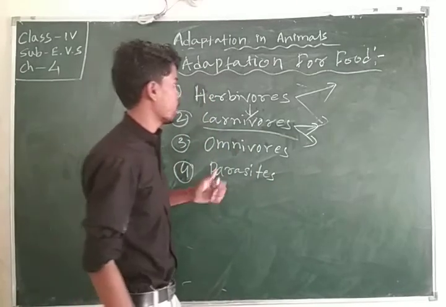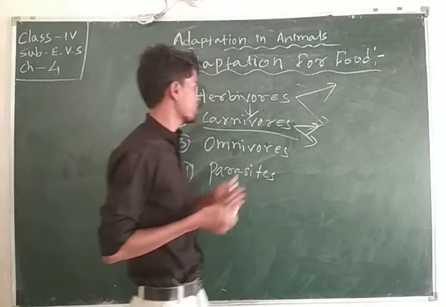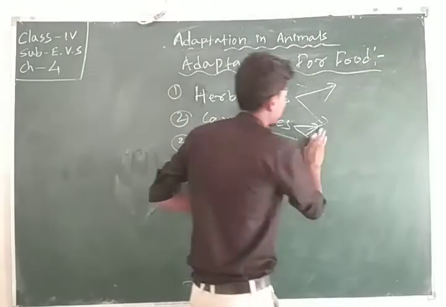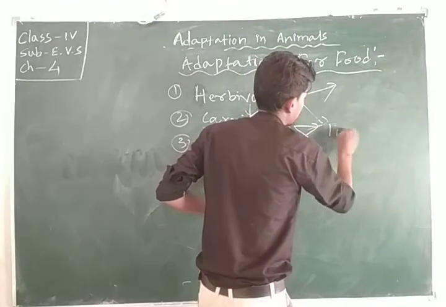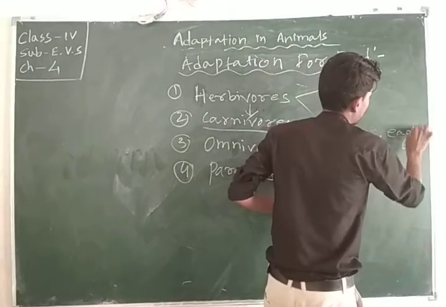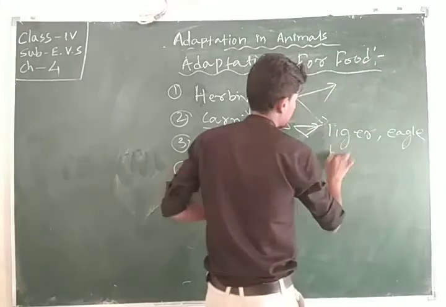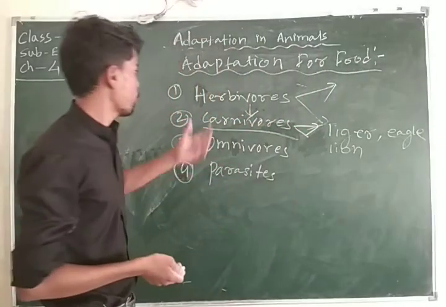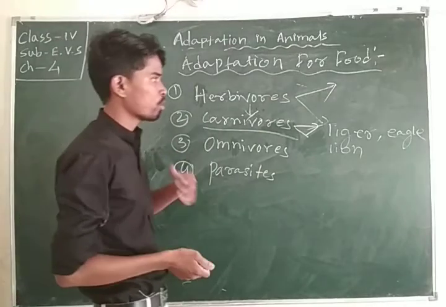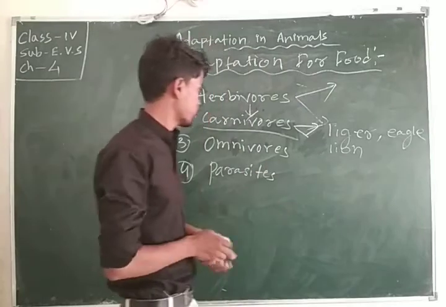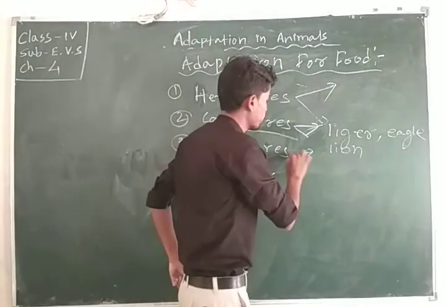There are many examples, like the dog, tiger, eagle, lion. Carnivores also have sharp teeth, the incisor and canine.